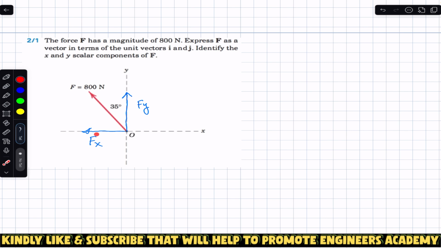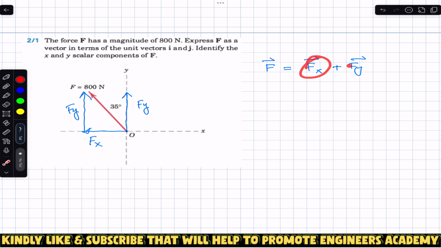If we add both of these components, F_x and F_y, by the head to tail rule, they must give us this force F. So this is F_x, and if we draw F_y by the head to tail rule, the tail of F_y must coincide with the head of F_x. So F_x plus F_y by the head to tail rule must give us that force F. So we can say that the F vector is equal to the F_x vector plus the F_y vector.